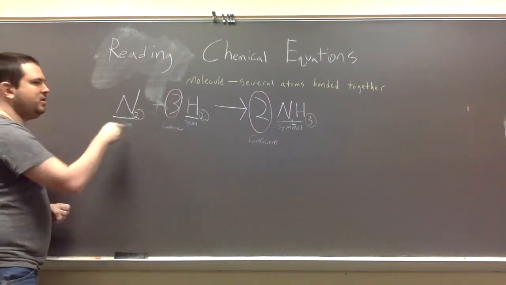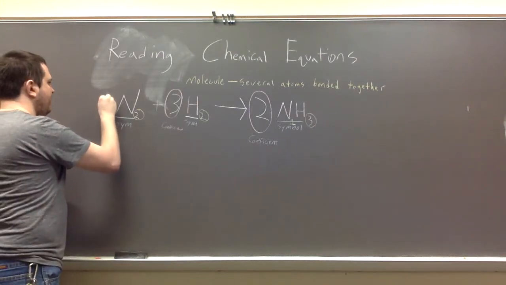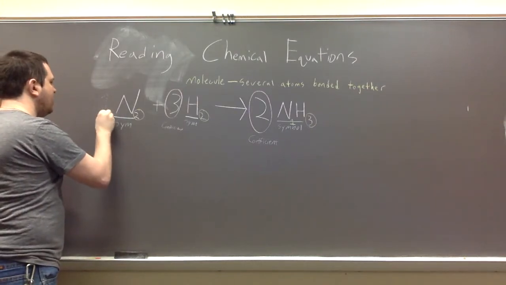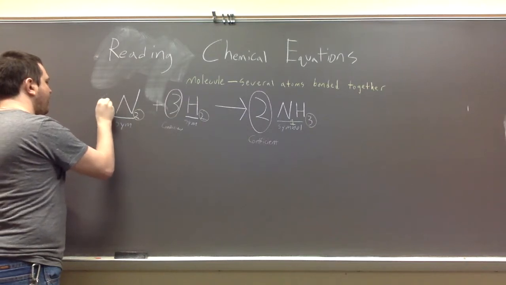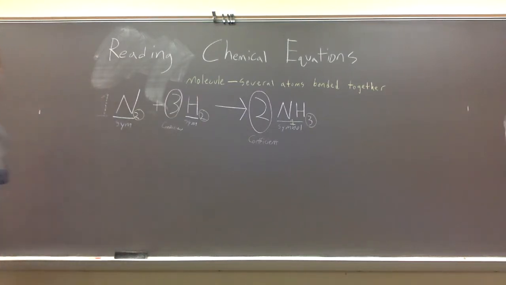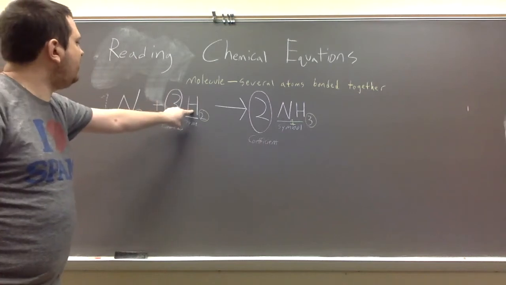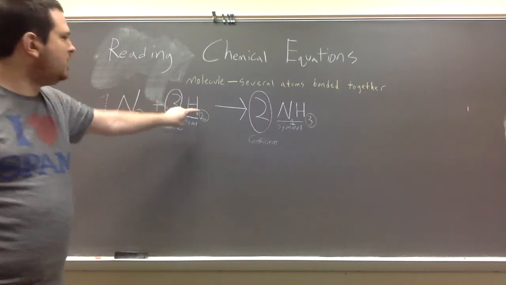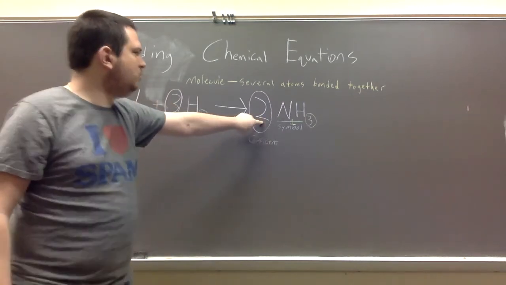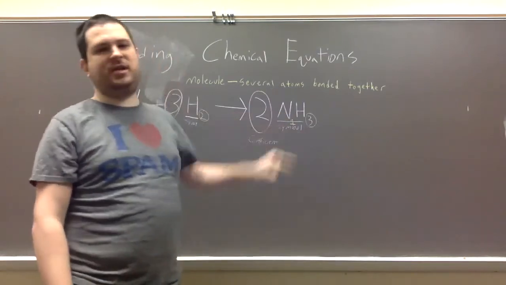Same thing with the symbol here. If there is not a number with it, you can assume that it is an imaginary 1, that there is only 1 of that. But if you do have a number, that tells you there are multiple molecules of it. There are 3 molecules of this hydrogen and 2 molecules of this ammonia.